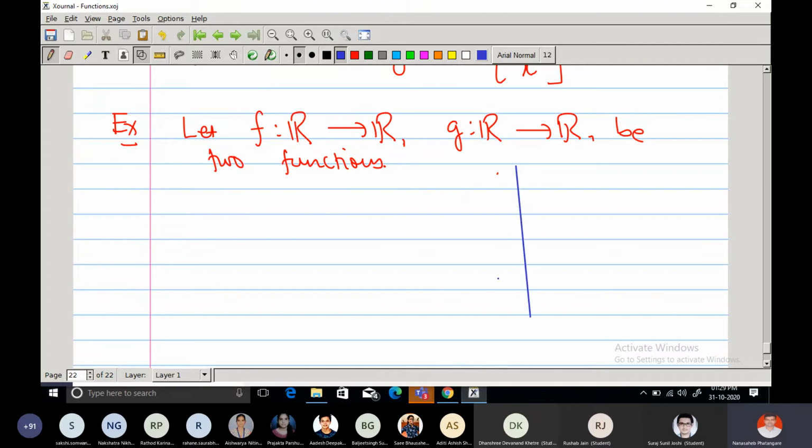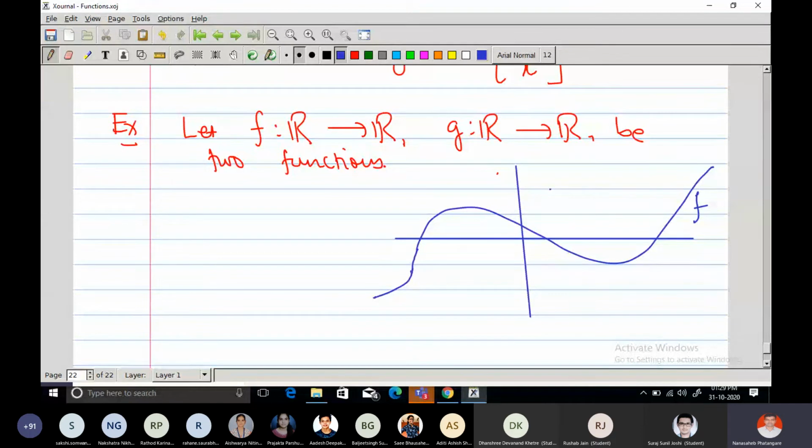Now, what I want... suppose this is my function f, the graph of f. Is it a graph of a function? Yes, sir. Right. Now I have another function g.